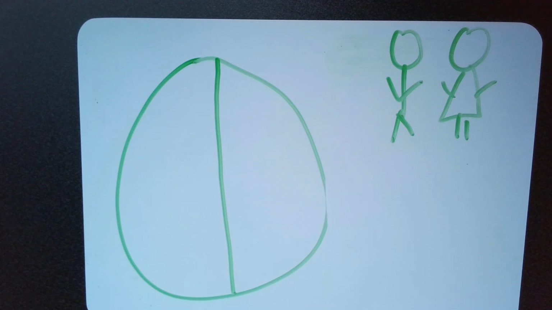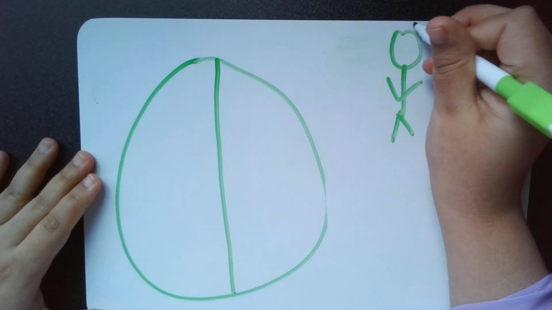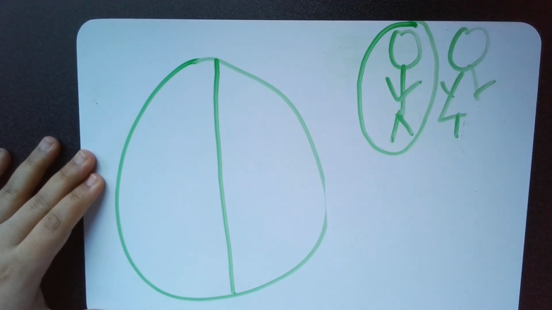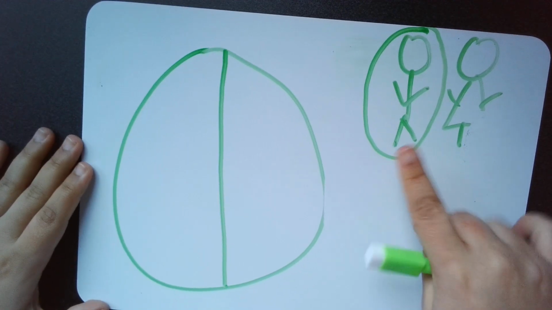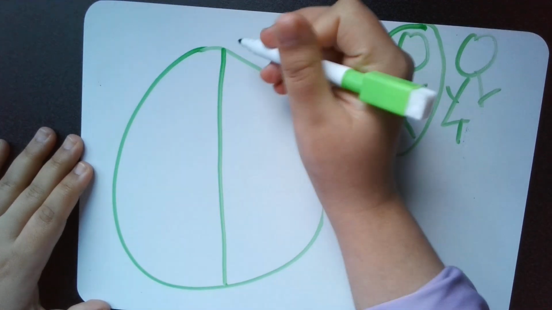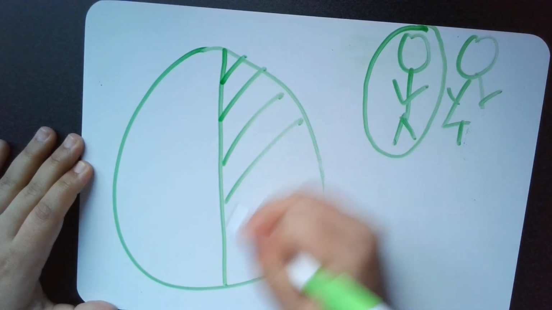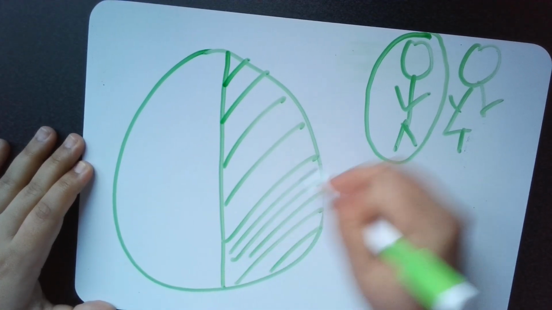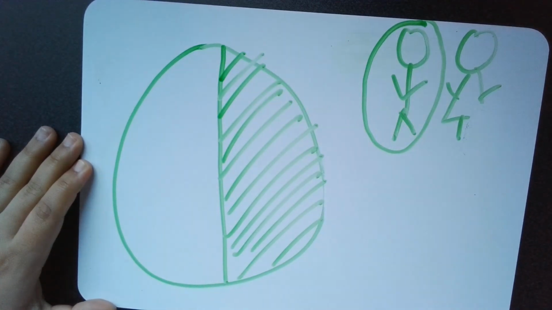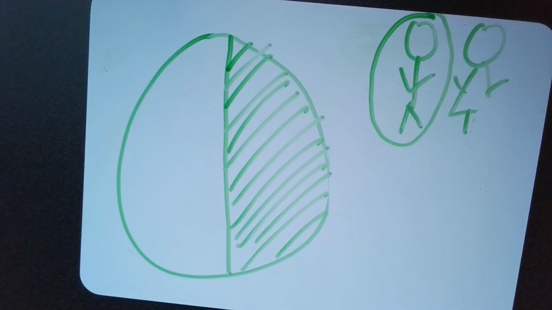I just want to think about how much this person is going to get? And I'm just going to shade it in. Well, I know this is one person, so they're going to get 1 part of the pizza. They're probably going to get this part. It doesn't matter which one because they're both the same. I can actually write this as a fraction.